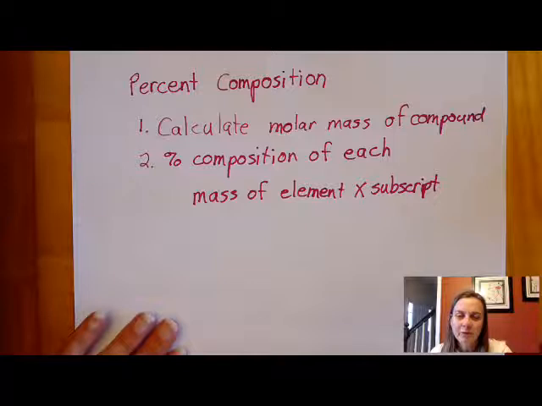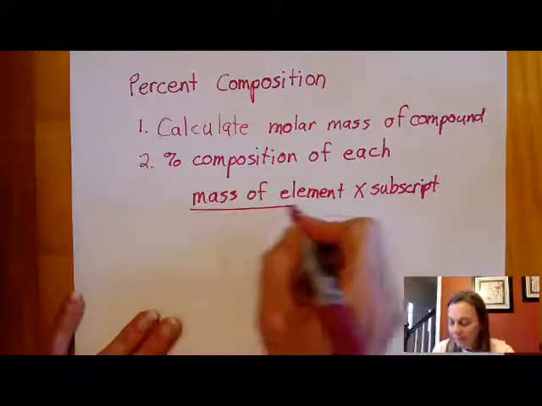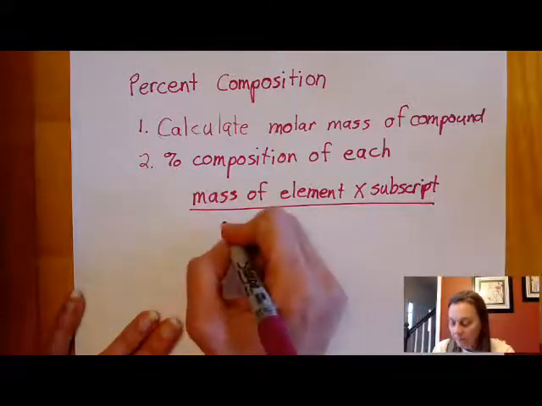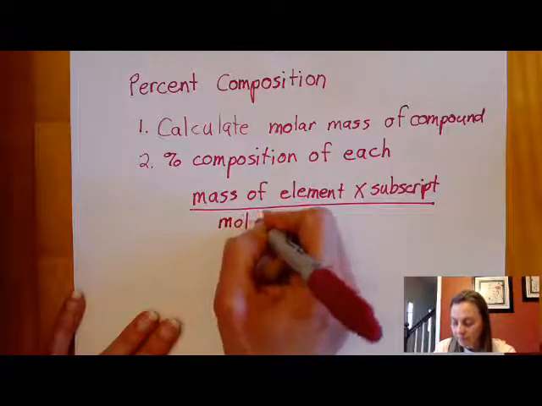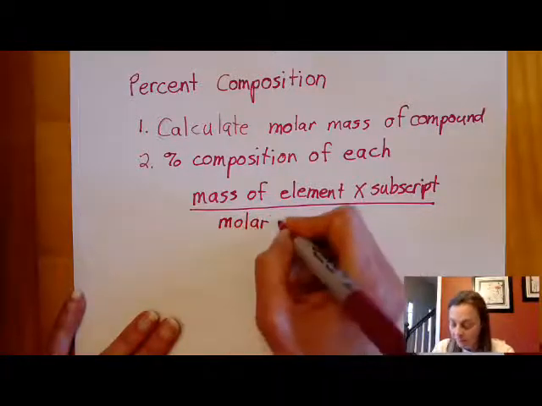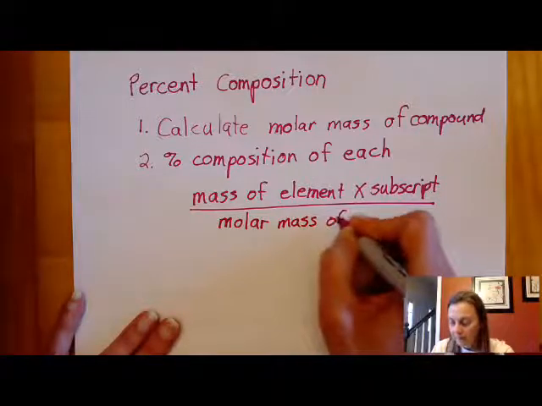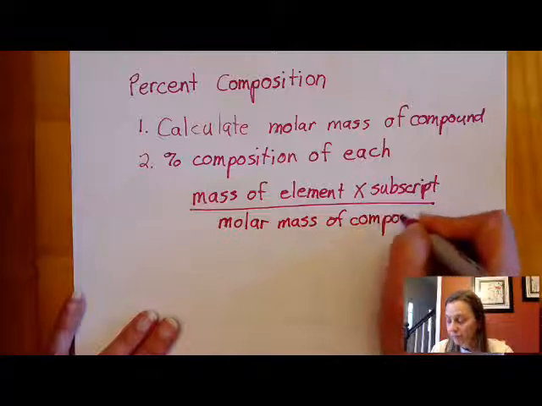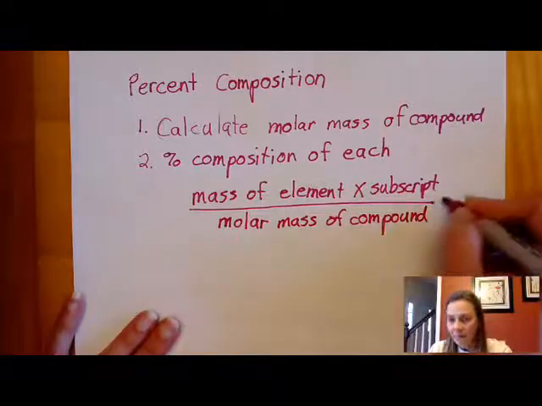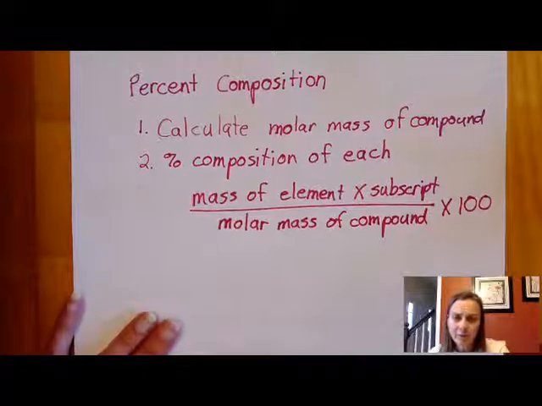Once we multiply the mass of the element by its subscript, we're going to divide that by the molar mass of the compound that we just calculated in step 1. And then in order to make it a percentage, we're going to multiply this whole thing by 100. So this is pretty simple and straightforward.